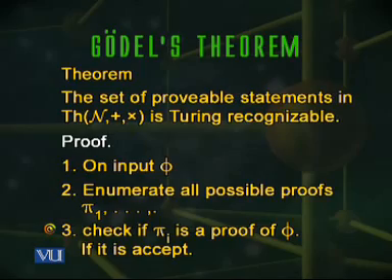If it is, accept. So, if we give this algorithm a provable statement, since the algorithm is systematically going through all possible proofs, it will eventually find a proof of this statement and halt and accept.